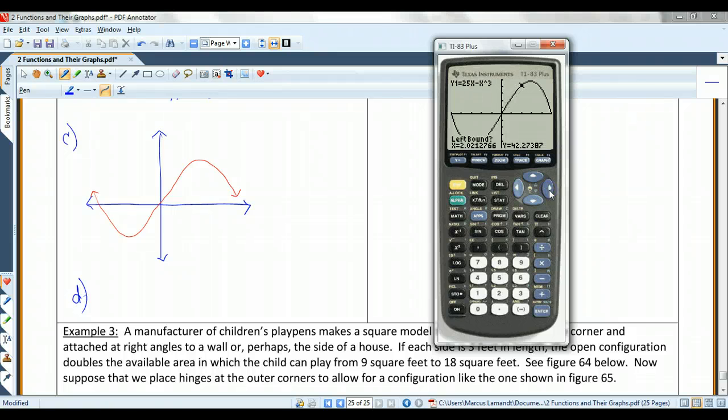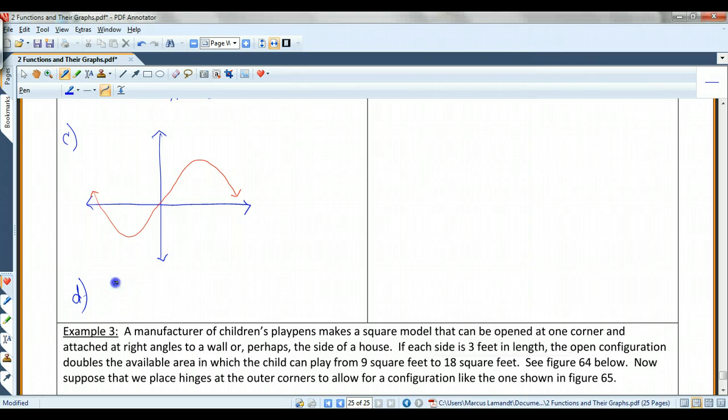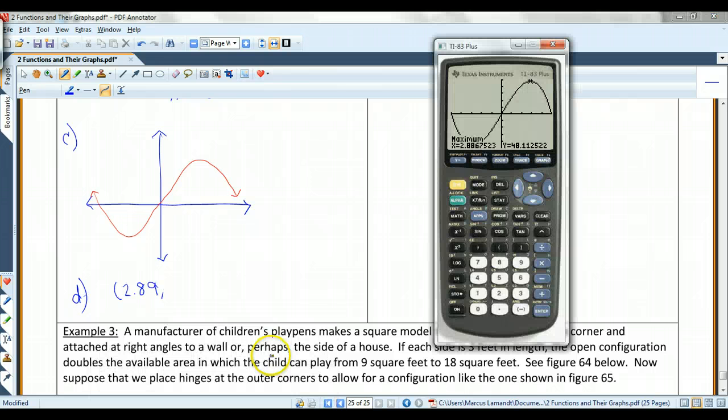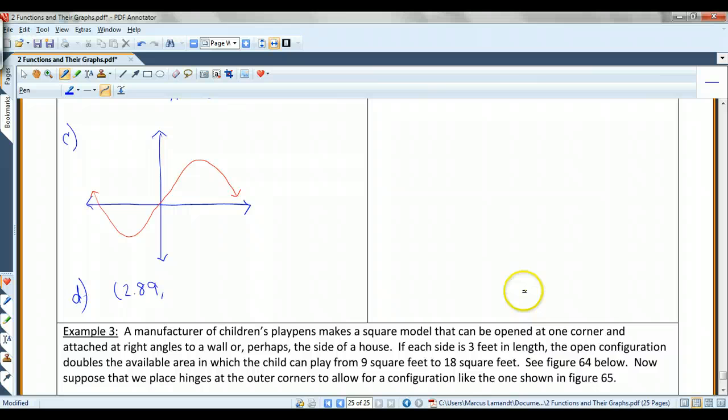Here, left bound. Right bound. Maximum x equals 2.89. Okay. And 48.11. And I already forgot the y term. 48.11.